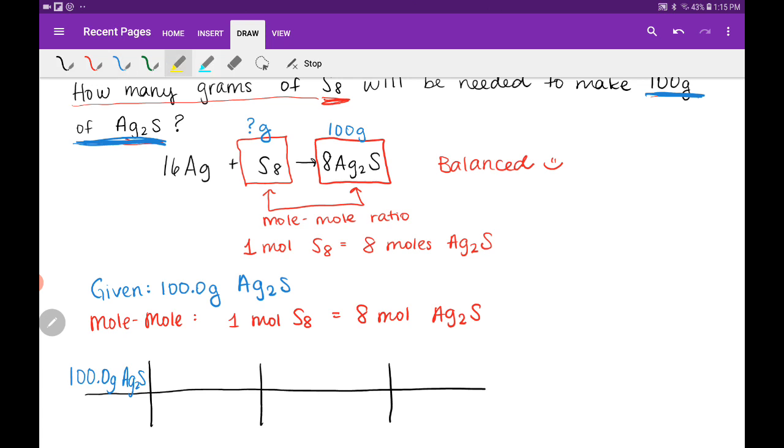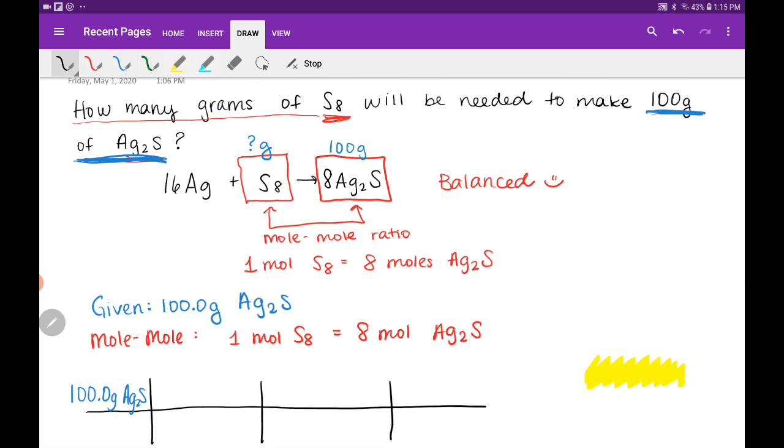We can also write what we want over here on the right, just so we can keep an eye on that and make sure that we're heading in the right direction. So whatever we want is going to be also listed in the problem, and this is the units that we're going to have. So we want how many grams of S8. So we want the number of grams of S8. So that's what we wrote right here. So we are given 100 grams of Ag2S.